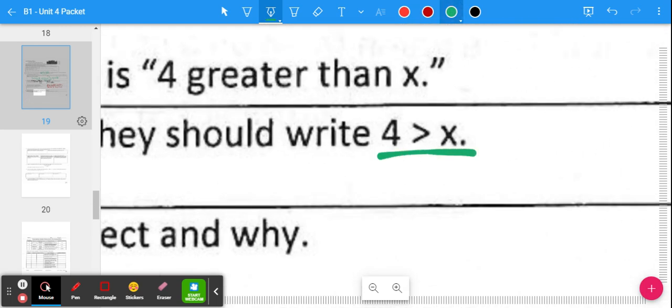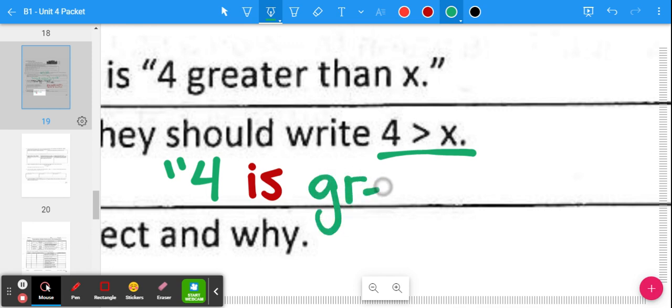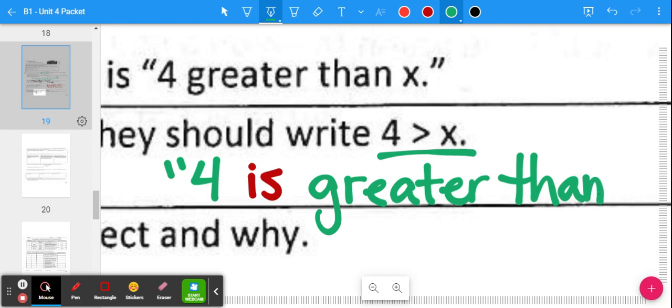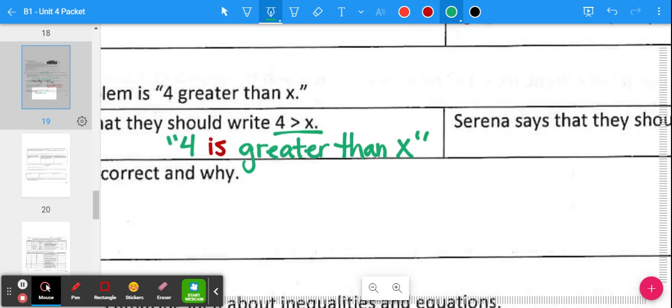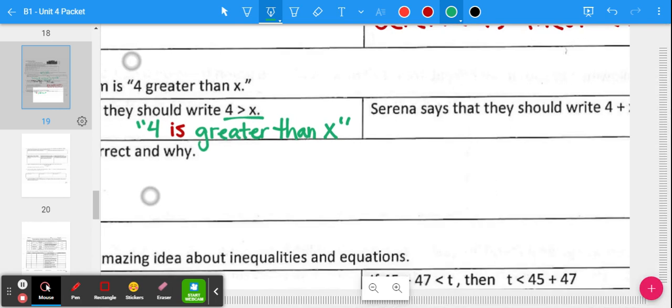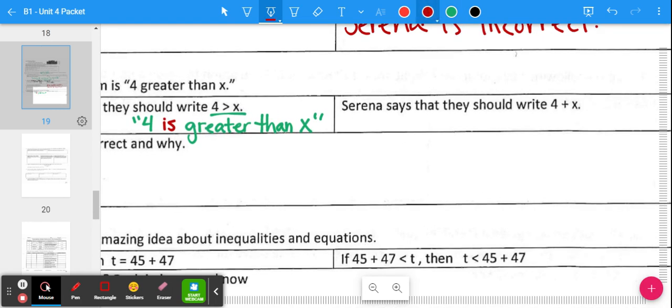So when we have the inequality, it reads 4 is greater than x. Without that word "is," it simply means addition. So like having $4 more than somebody, being 4 inches greater than your peer or your friend. It means that you are 4 more than, which is addition. So Serena is correct.